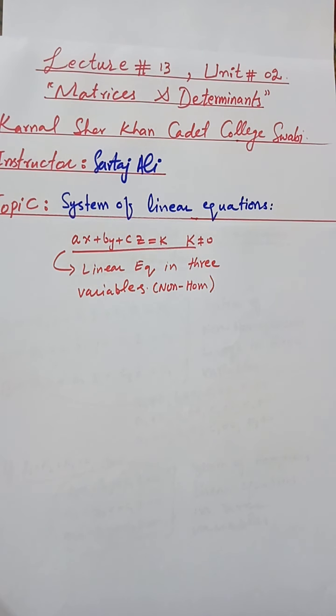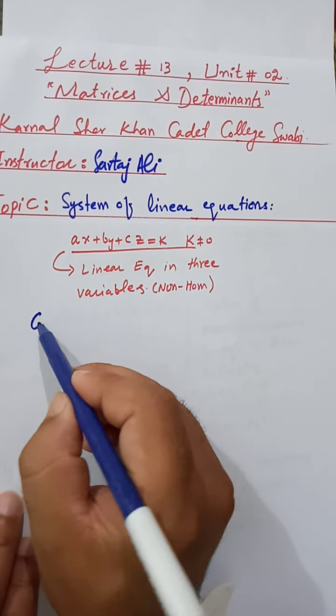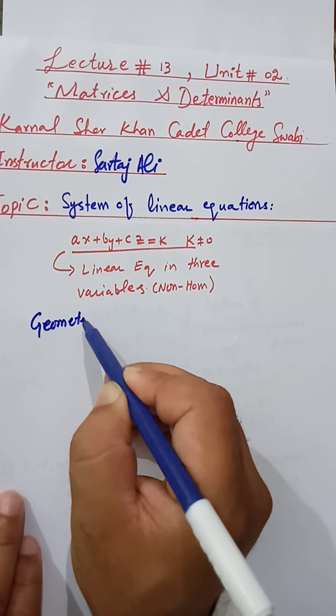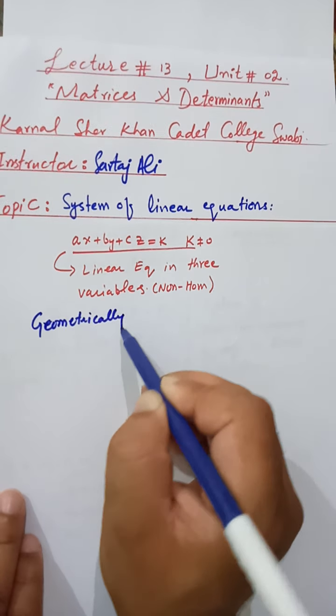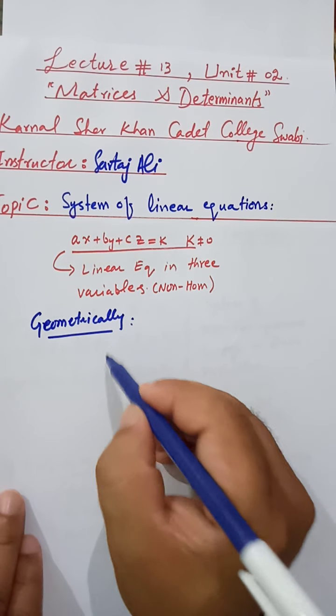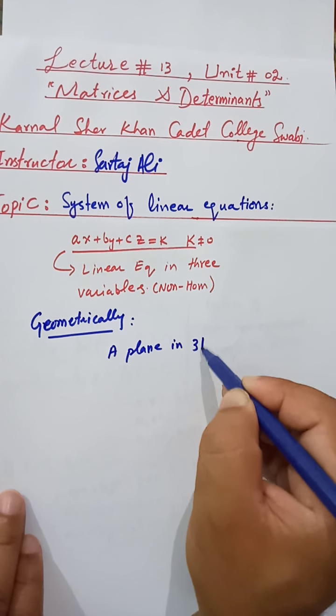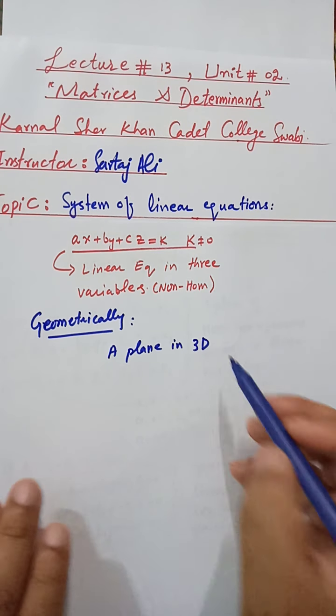Geometrically, the linear equation in three variables represents a plane in three-dimensional space, the 3D space in which we are living.